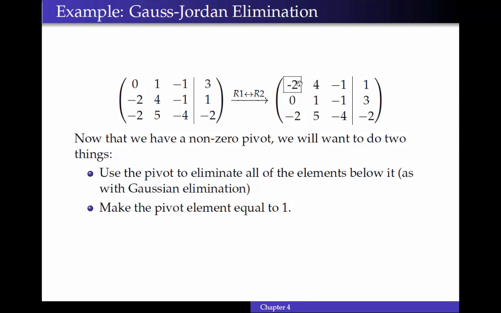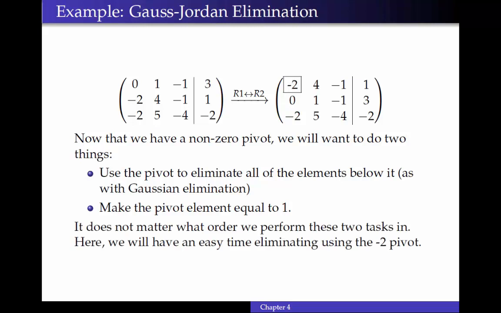We want to use the pivot to eliminate all of the elements below it, just like we did with Gaussian elimination. But we also want to make this pivot element equal to 1. The way we're going to do that is by multiplying this row by a constant. In this case, I'd multiply this entire row by -1/2, and then this element would be a 1.